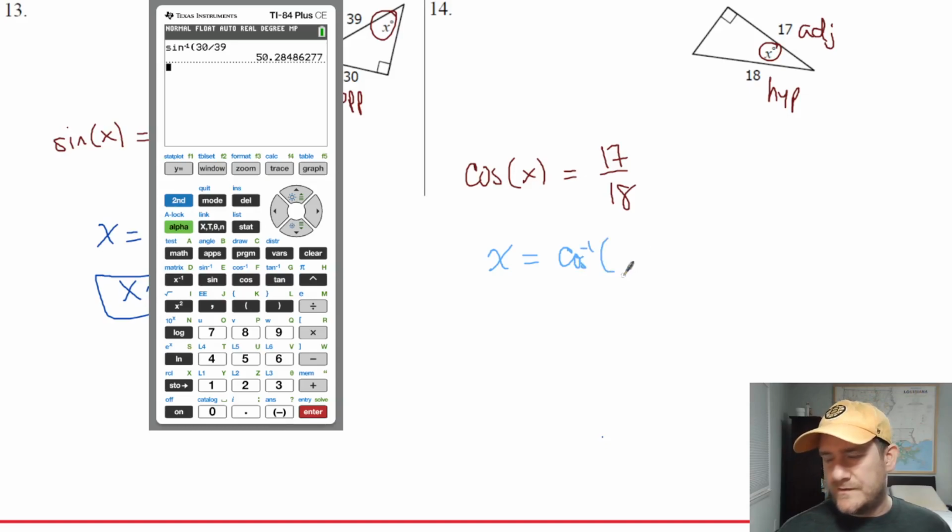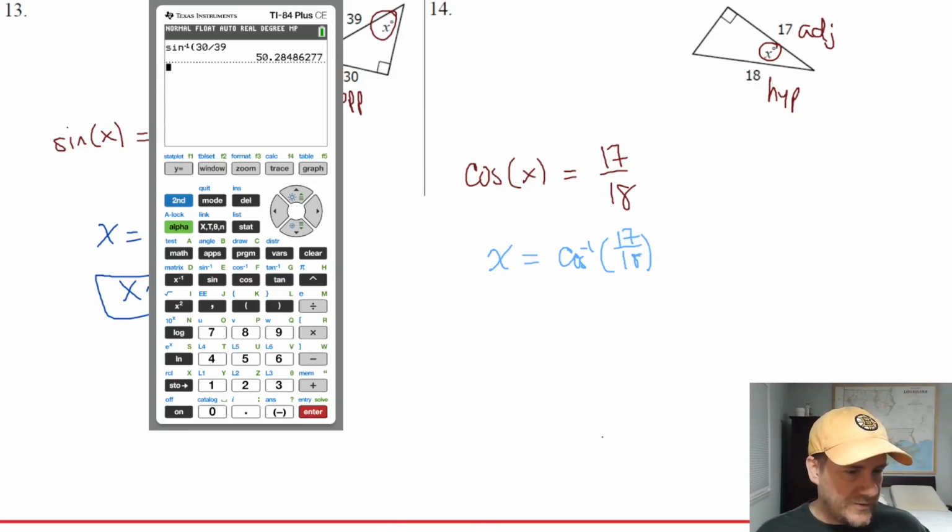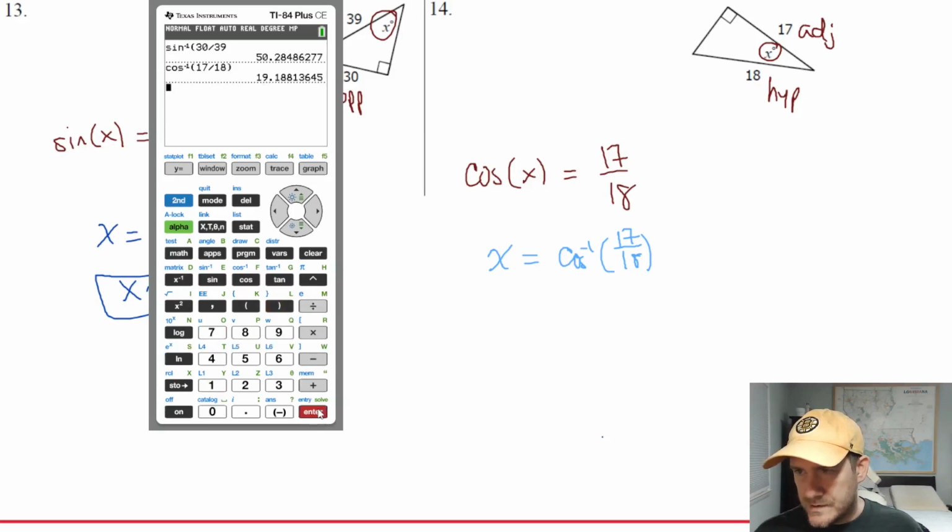I guess we'll say inverse cosine of 17 over 18 is whatever x would have to be. So if we do this in our calculator, we should be able to do it quickly. You just do inverse cosine. So hit second cosine to get that inverse cosine, and then just type 17 over 18 into it. And that's it. I'm getting 19.19.